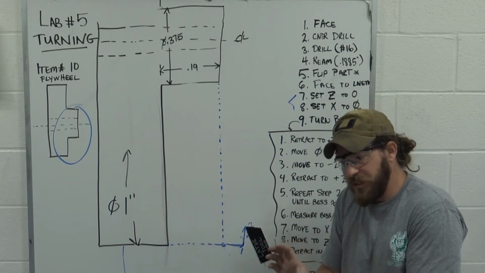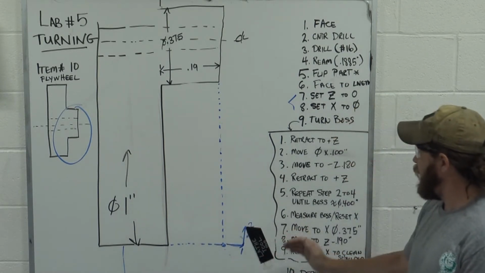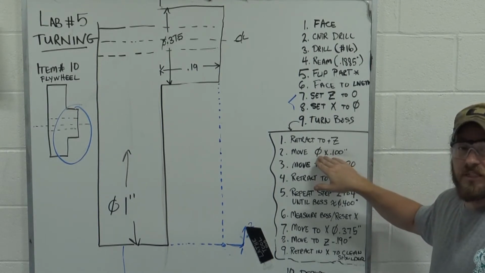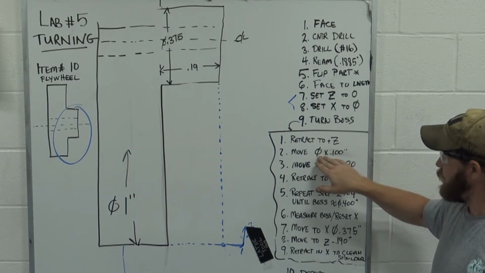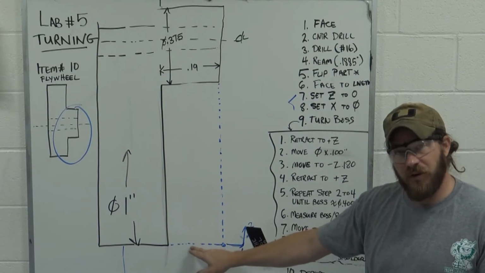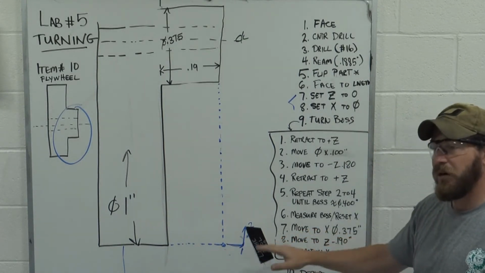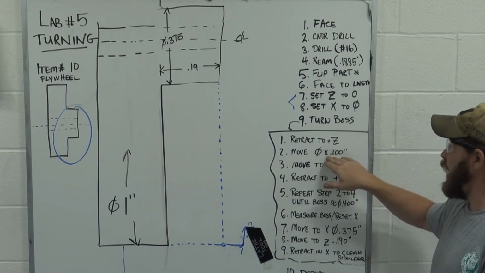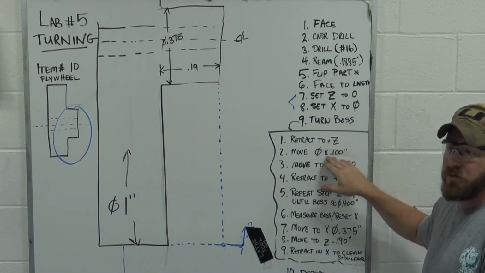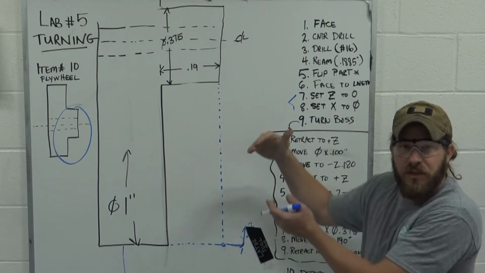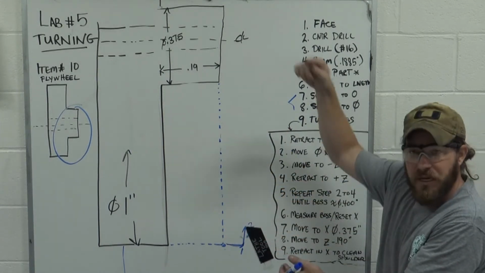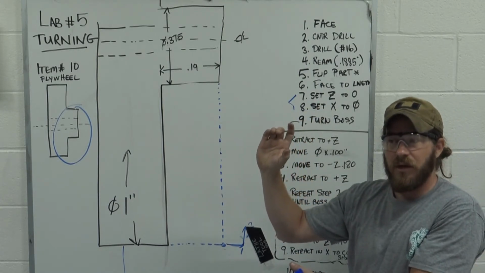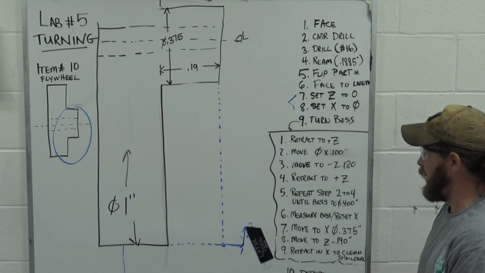So every time I turn this, it's going to change the diameter of that part by this much. We touched off right here when we made our X0, and then we're moving into the part 100 thousandths on the diameter. Really that tool's just moving in 50 thousandths, but because it cuts on both sides, it affects the diameter down 100 thousandths.